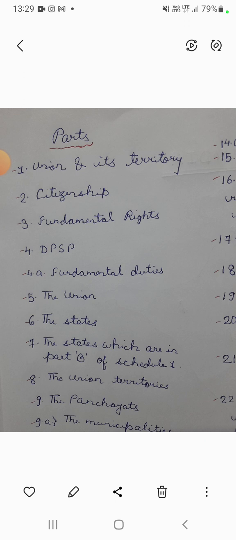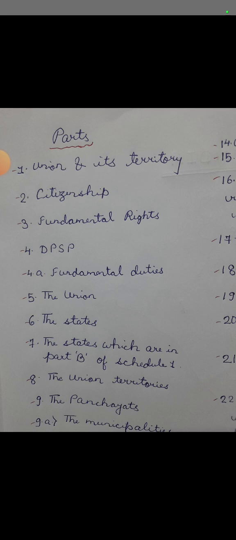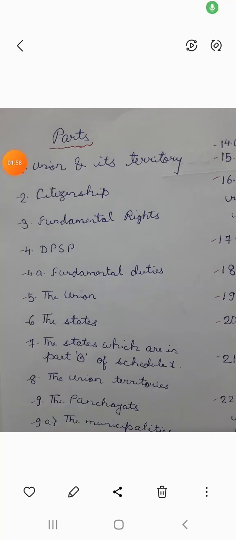So Part 4A deals with the fundamental duties of citizens, like to respect the historical places, and fundamental rights like the freedom of speech, freedom to move here and there in the country.